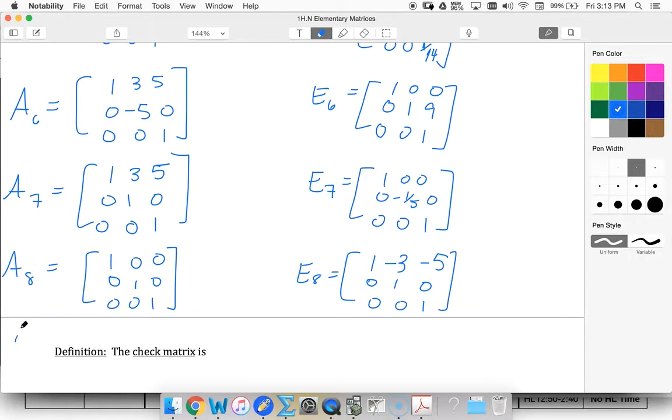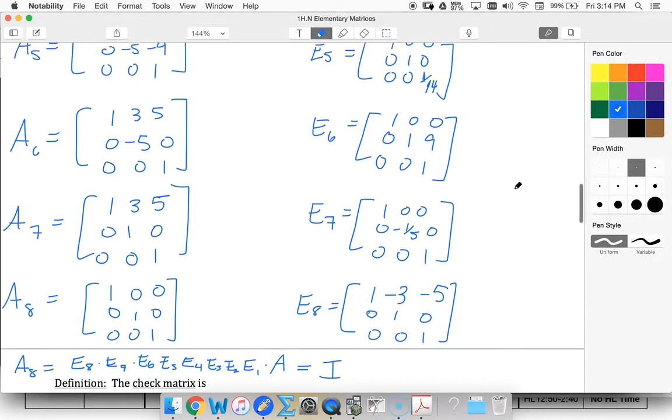So let's sum this up. A8 was E8 times E7 times E6, E5, E4, E3, E2, E1 times A. Well, A8 is the same as the identity. That means that this product here must be equal to the inverse.